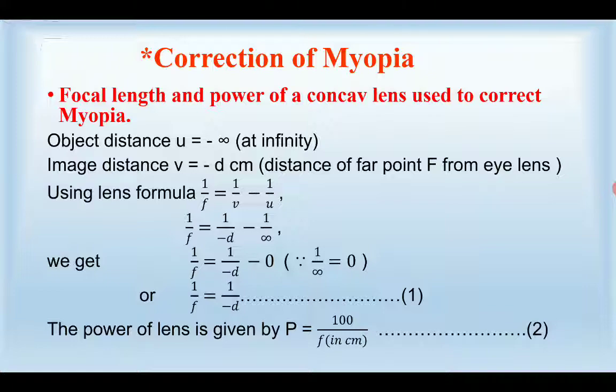So these are the required focal length and the power of the lens used to correct the myopic defect. Let us solve a numerical problem in order to understand how to get the desired focal length or the power for a lens used to correct this defect.